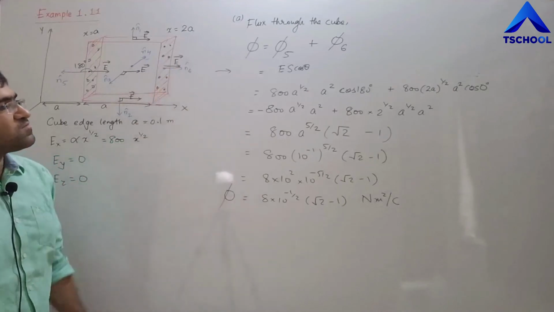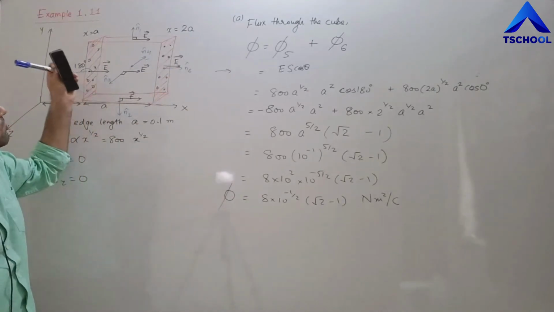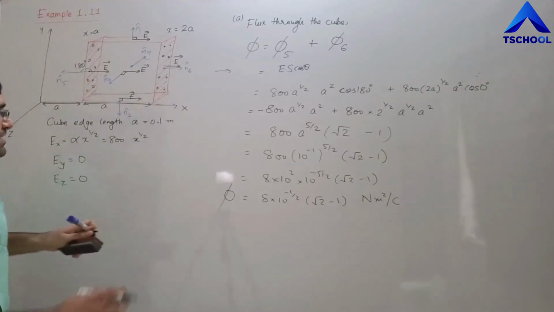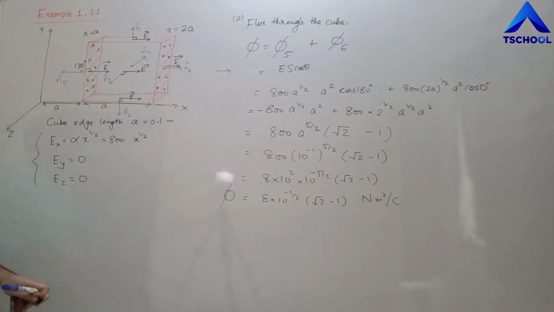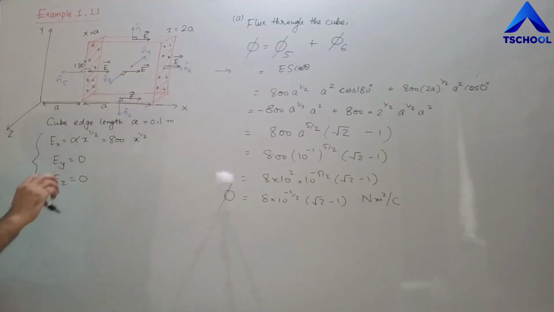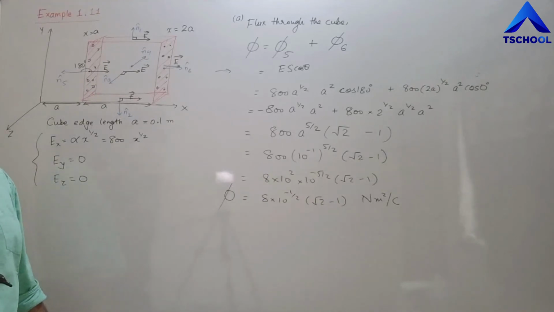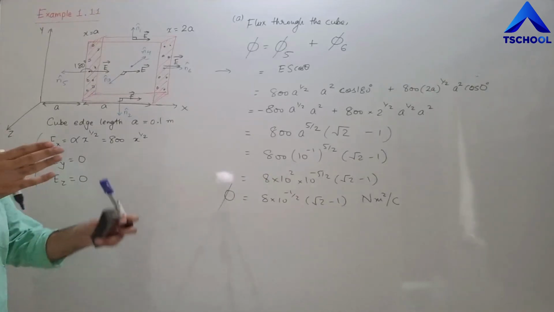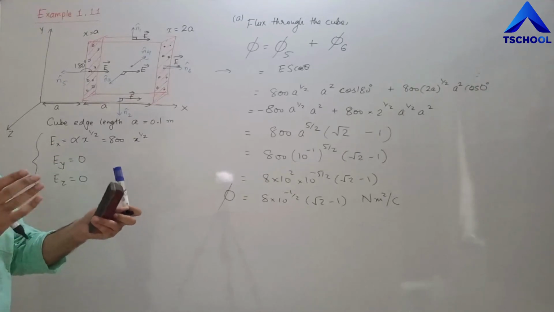So this is how we found the flux for this cube, right, placed inside such an electric field, right? The key idea of this question is that we have a closed surface, all right, but we already know about the electric field. So we find the flux for that whole cube by splitting it into some easy parts, right?